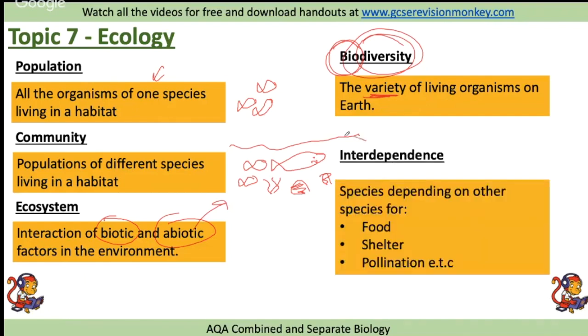Final word, interdependence. That is the dependence of different species on each other. So some species could be dependent on each other for food, perhaps for shelter. So birds are dependent on trees for shelter, for example. Pollination. So bees depending on particular species of flowers, and flowers depending on particular species of bees for pollination, for example.